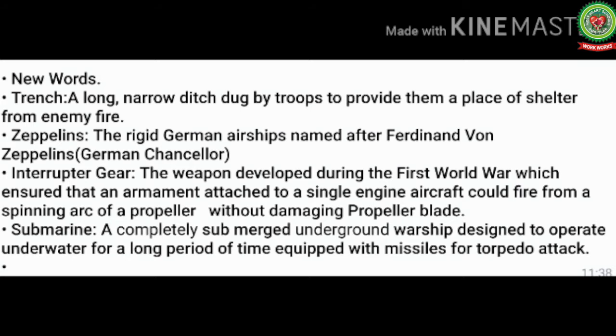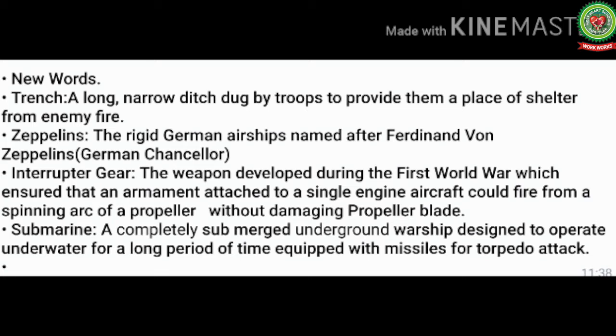Trench: a long, narrow ditch dug by troops to provide them a place of shelter from enemy fire. So it was a place where the soldiers could protect themselves in case of any injury from the enemy side. Zeppelins: the rigid German airships named after Ferdinand von Zeppelin.